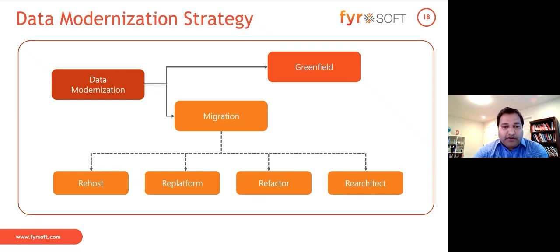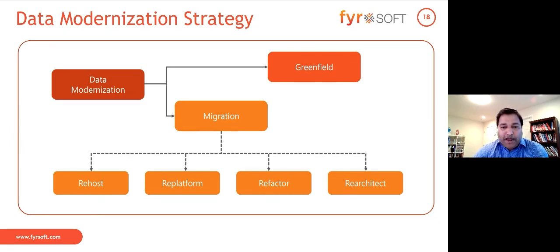Either we are doing a rehost, which is more of a lift and shift of their infrastructure into the cloud, or we might do a replatform, where we take the data from one software without much code changes, without changing any underlying infrastructure, and move the data from one platform, either upgrading SQL or moving the data from SQL into Synapse SQL pools.